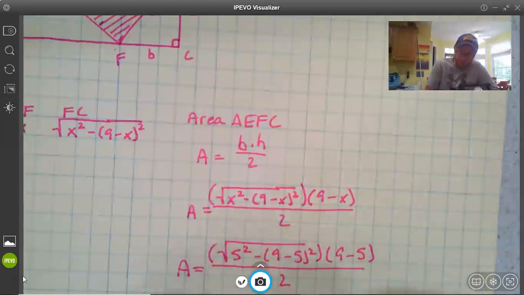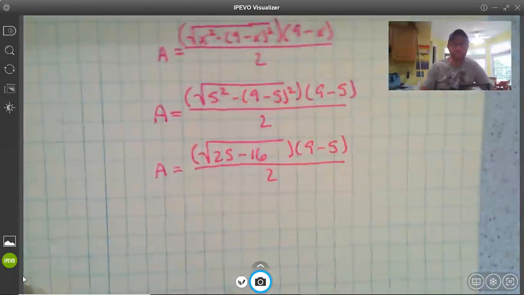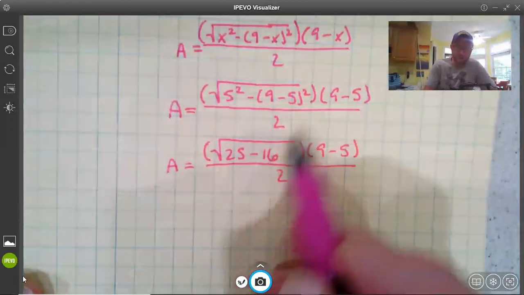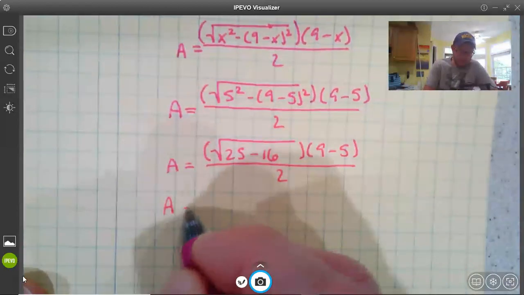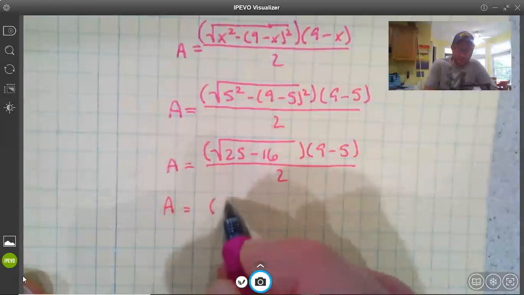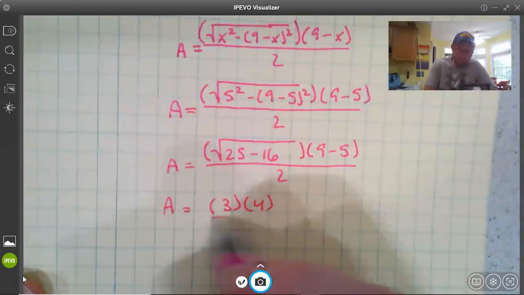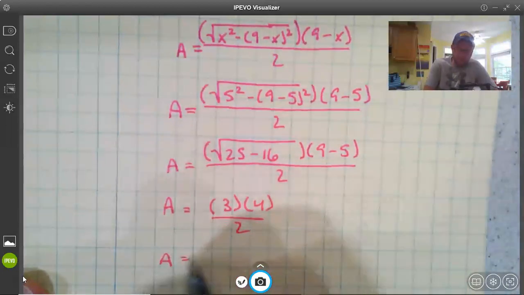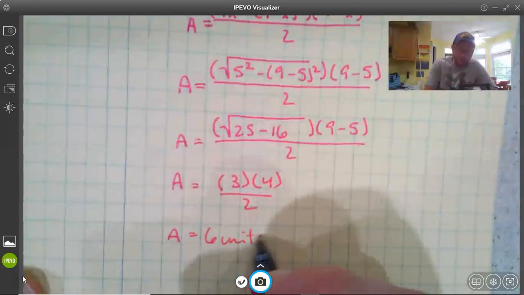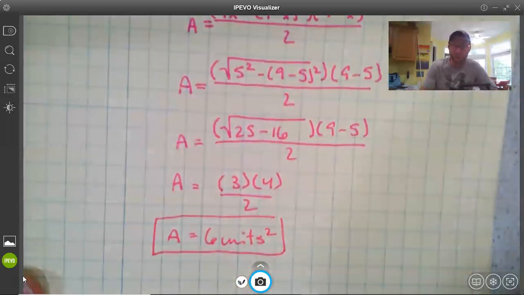I'm just working this a little bit at a time here. 25 minus 16 is 9, and the square root of 9 is 3. 9 minus 5 is 4. All that over 2, and we can kind of see where things are headed now. 3 times 4 is 12. 12 divided by 2 is 6, just like we observed. So our formula works for this particular case.